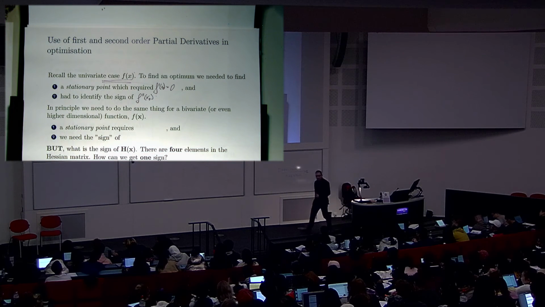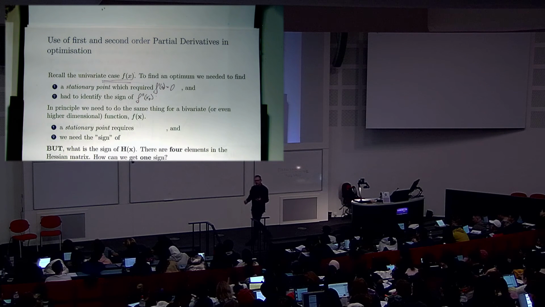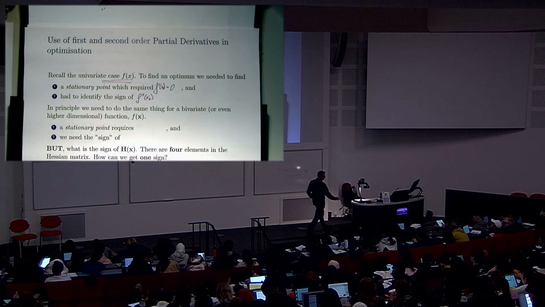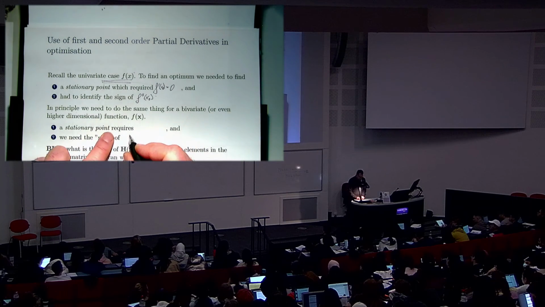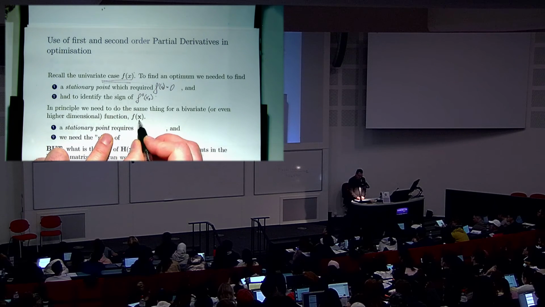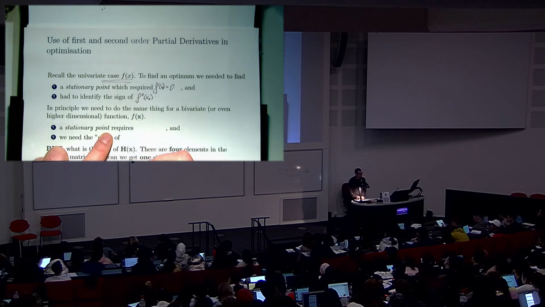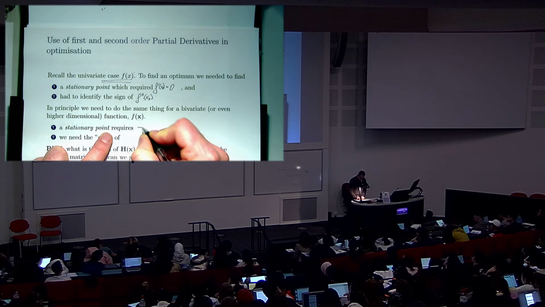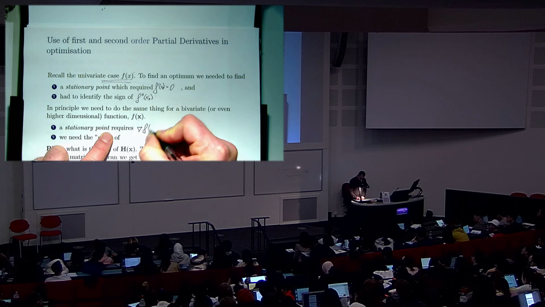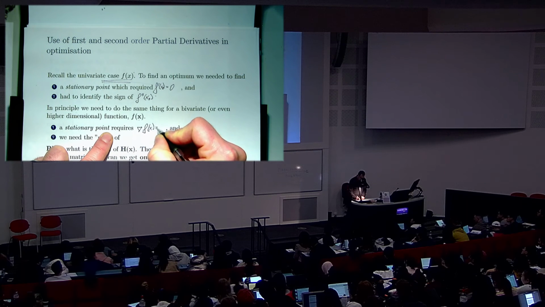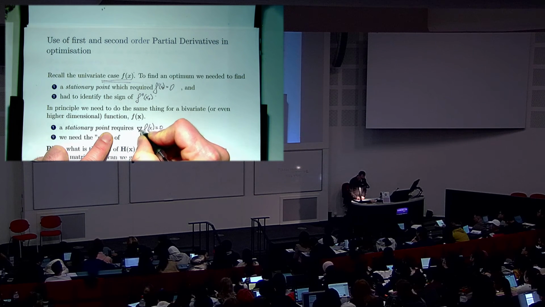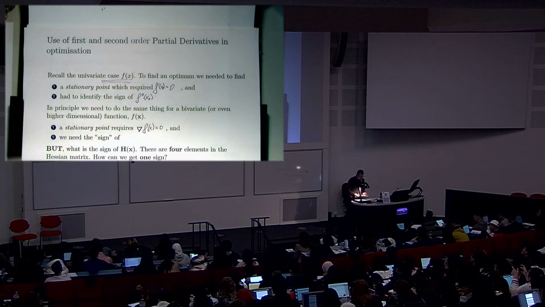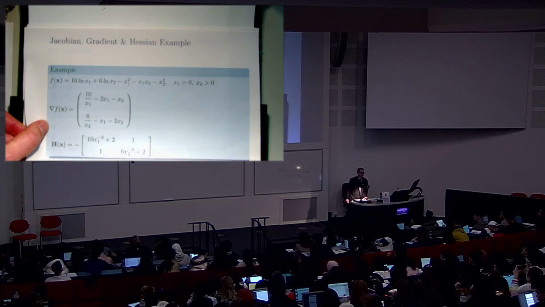So in principle, we need to do exactly the same when we are dealing with a bivariate function. What does that mean? We have to find a stationarity point in a bivariate function, or more generally in an even higher dimensional function. We need to find that point where the gradient vector is equal to 0. Here's our gradient vector.